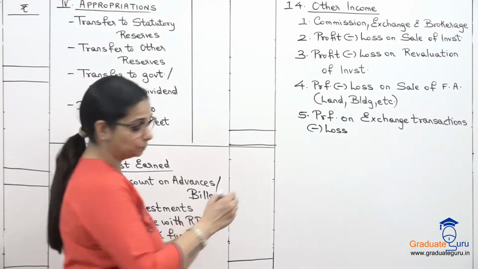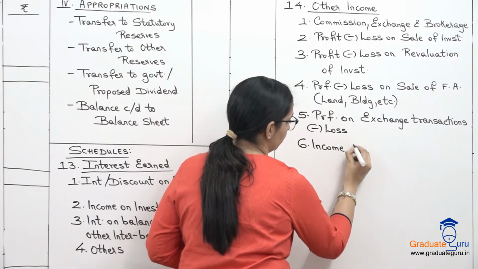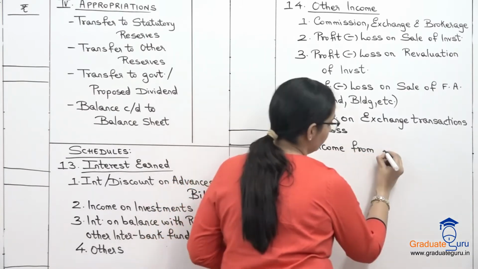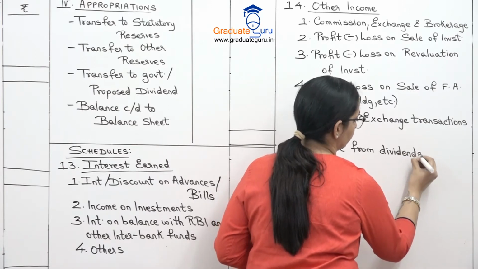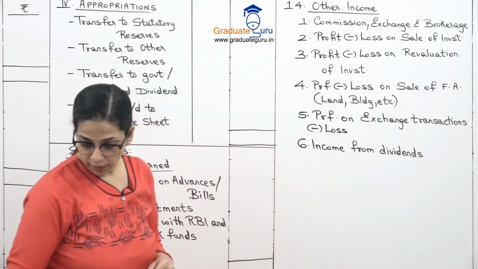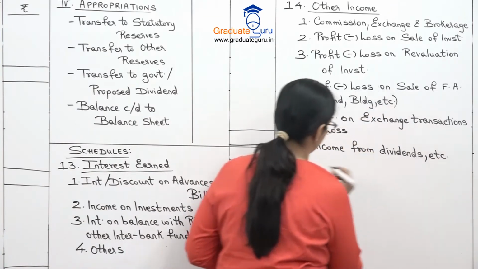Then we have income from dividends. So we have dividends etc. from shares, subsidiaries.